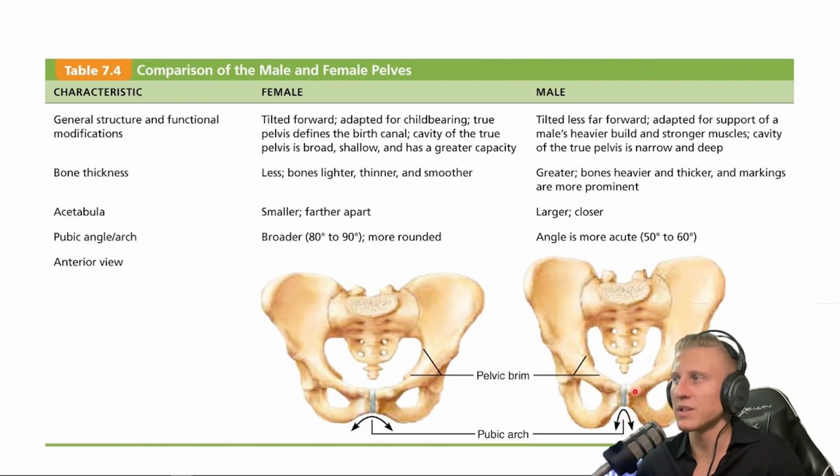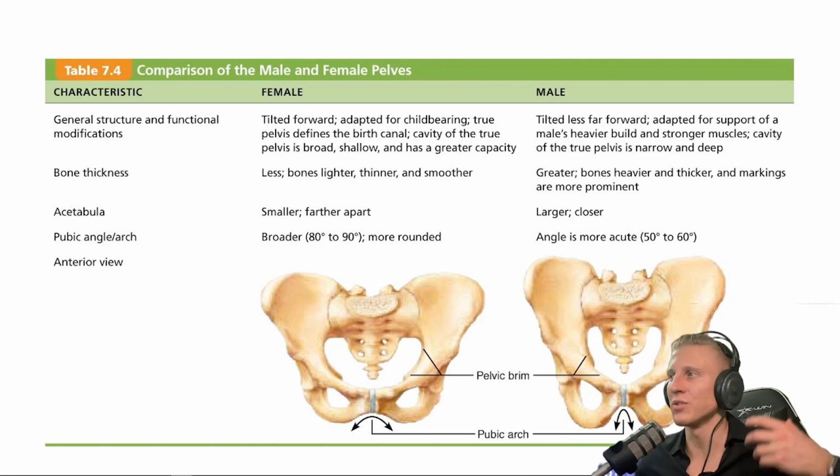Some ways that this presents differently in terms of kinesiology. So females obviously are much more adapted to carrying a child in their abdominal cavity and to passing the child during childbirth. Males, on the other hand, due to this steeper angle, this essentially creates a better leveraging angle for handling external loads.